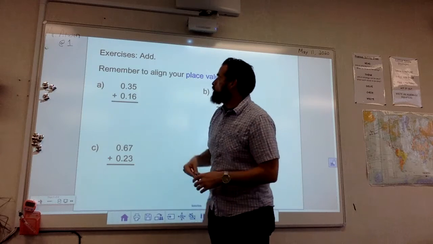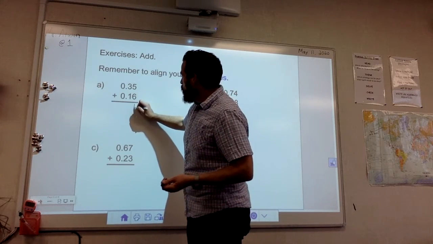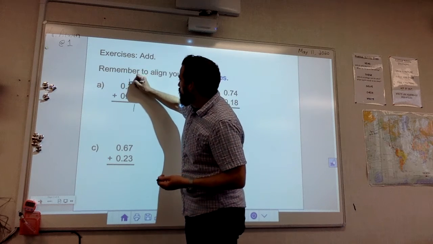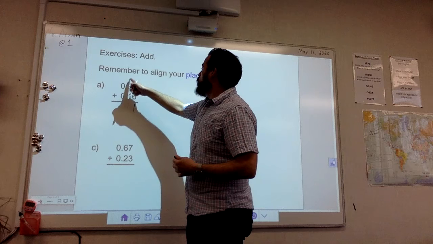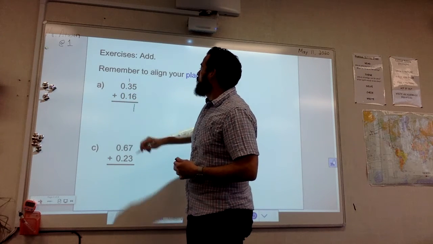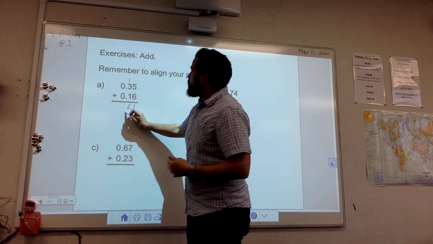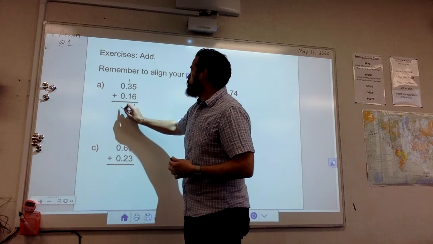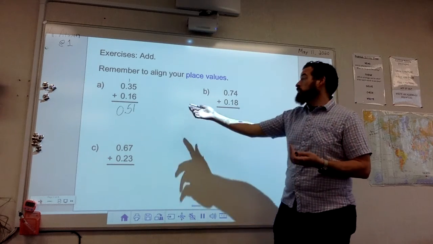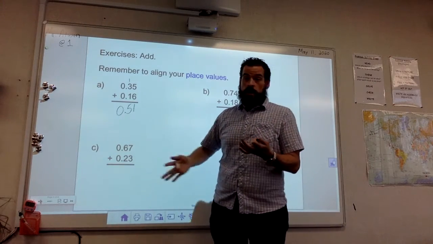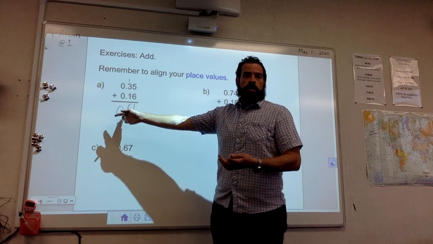So 5 plus 6 I know is going to be 11, but I'm only going to write my 1, and I'm going to regroup and put a 1 up here so I know to add that into my tenths. So 1 plus 3 plus 1 is 5. And it's important to make sure you put your decimal there. You can put the 0, so 0.51. As you see, that's just like regular addition. Just make sure that in your answer you have your decimal.